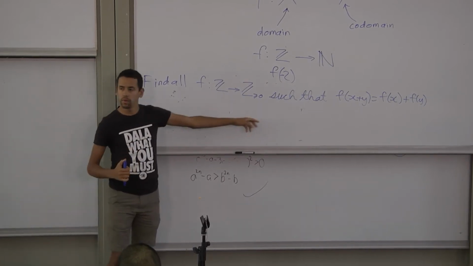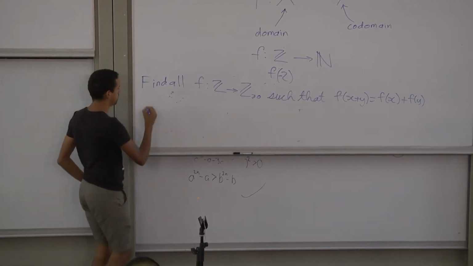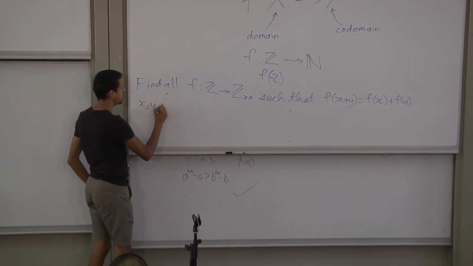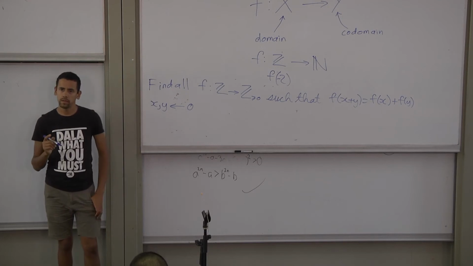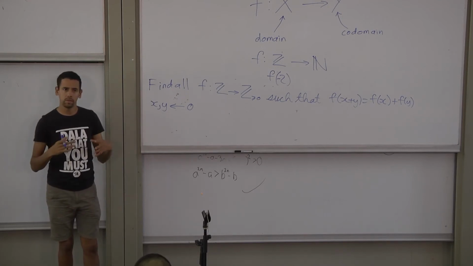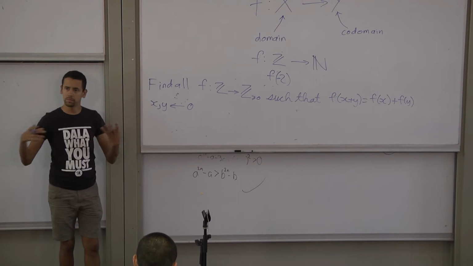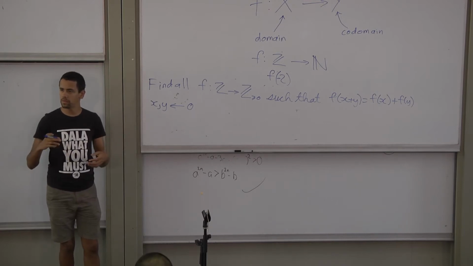If we put x and y both equal to 0 there... By the way, it's probably a good idea to develop your own notation for how you substitute things into variables when you do functional equations.